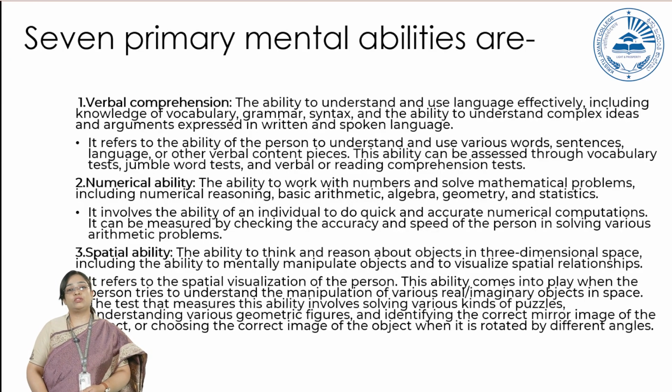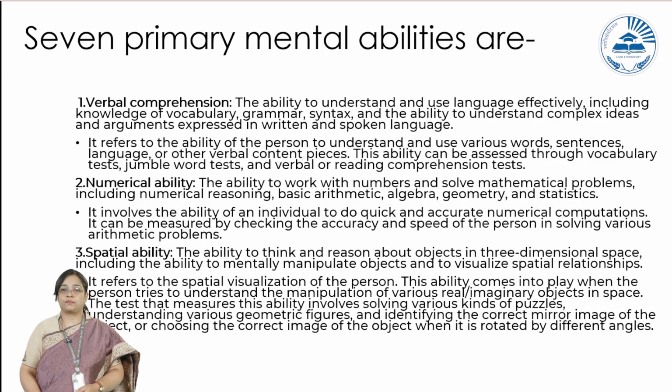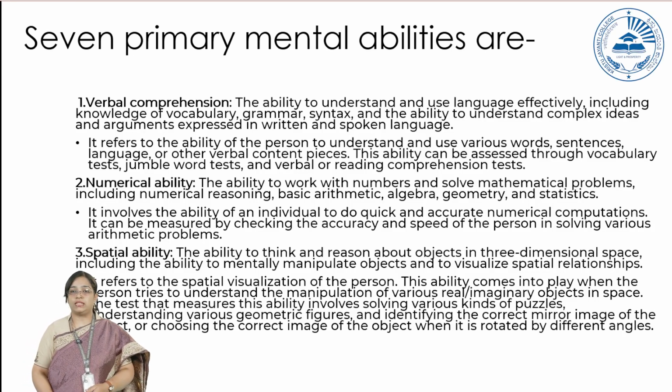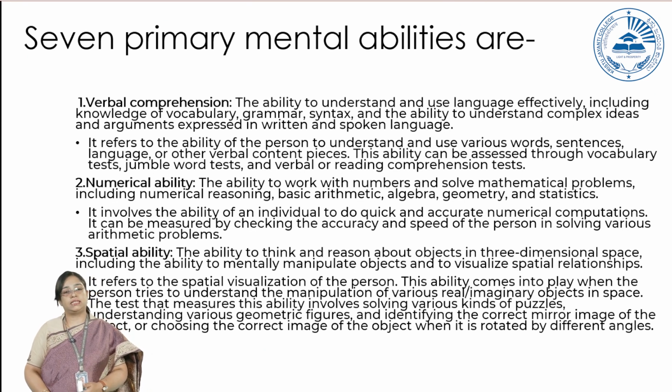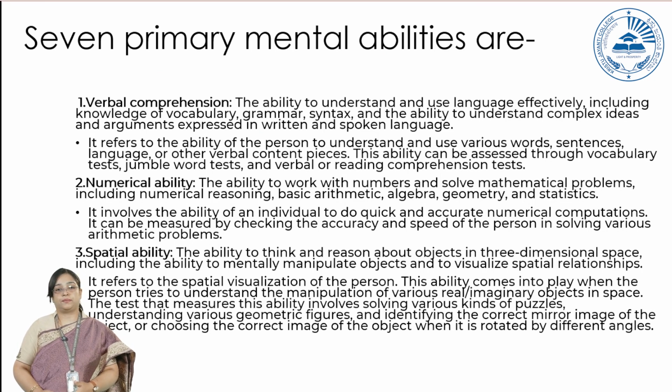It refers to the ability of the person to understand and use various words, sentences, language, or other verbal content pieces. This ability can be assessed through vocabulary tests, jumble word tests, and verbal or reading comprehension tests.